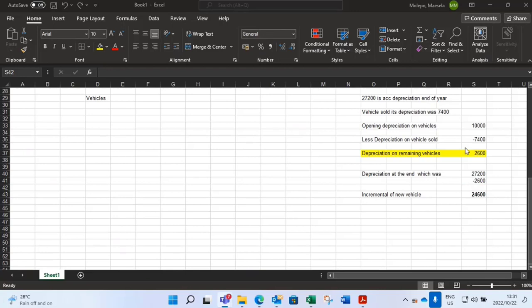So I don't know if someone is following this, because the removal of it, I don't follow it. I don't want to lie. Anyone who follows why we say the depreciation at the end we less, because the 27,200 less the 2.6. The 2.6 was supposed to be the remaining depreciation from the beginning of the year up to including the vehicle sold.